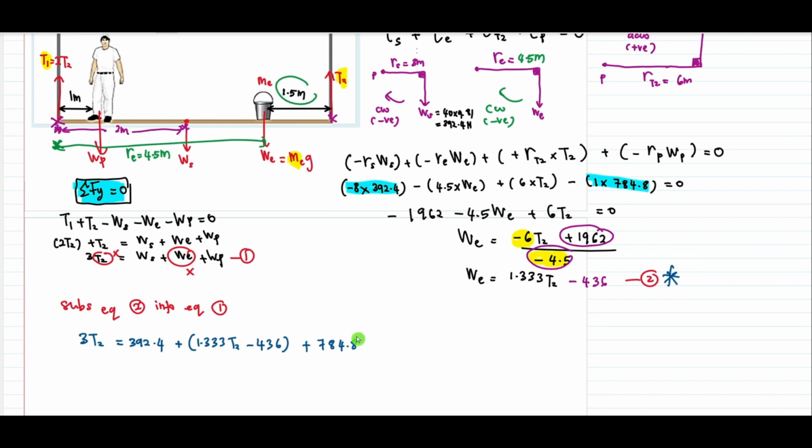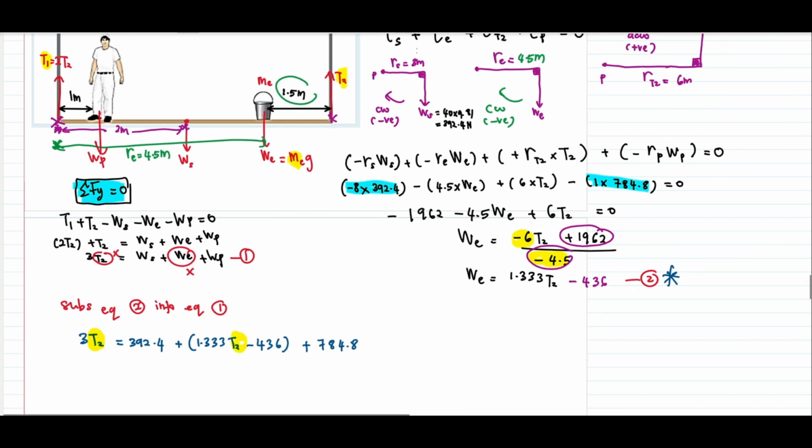Okay, so now we can rearrange the equation. Here we see we have only T2, no other unknowns. So we can solve. We collect T2 on one side, 3. So 1.33 brought to the other side should be 1. Oh, sorry.